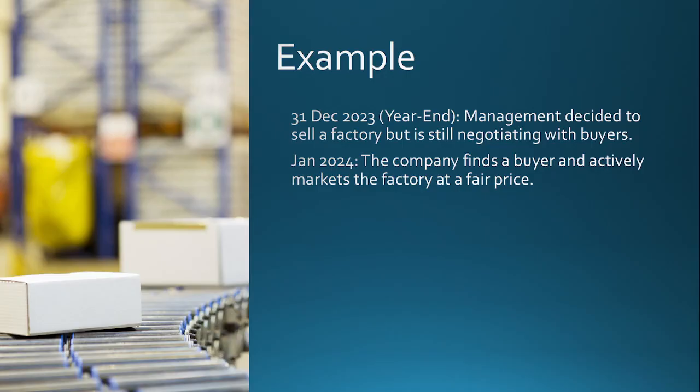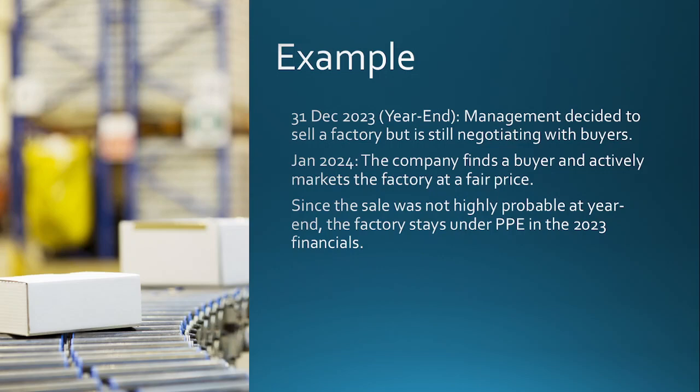But you can see that it only meets the requirements in the next reporting period, which is January 2024, because that's when the company finds a buyer and that's when the company is actively marketing the factory at a fair price. Since the sale was not highly probable at the end of the year, the factory stays as a PPE item in the 2023 financial statements.